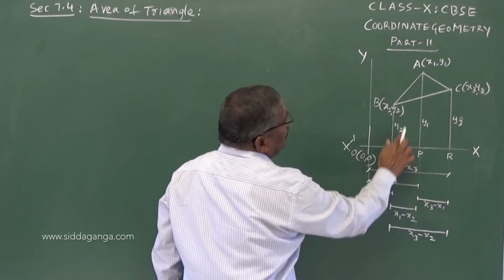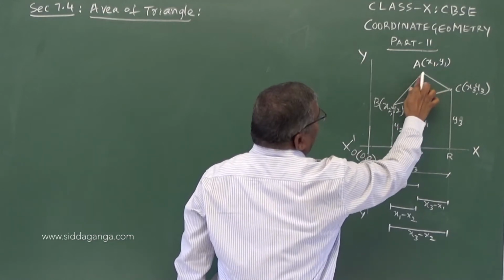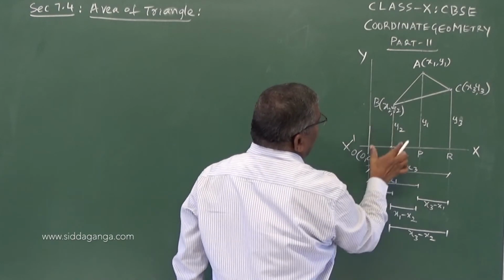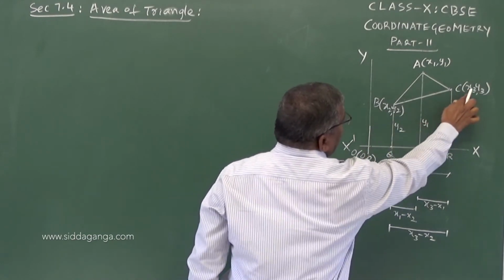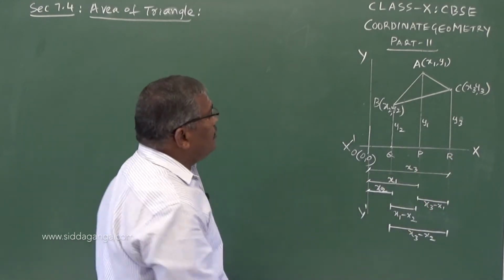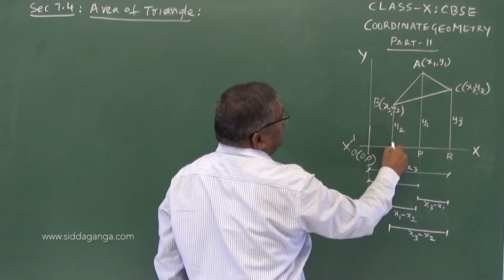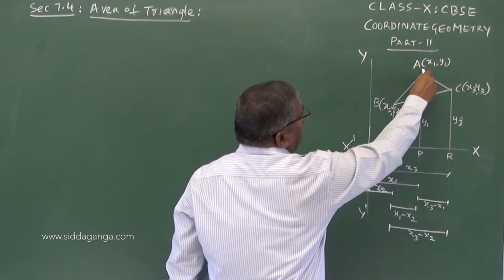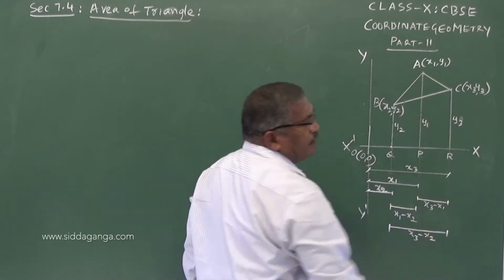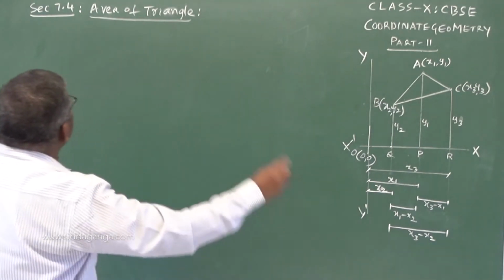OP is equal to x1. x2 is this distance, and x3 is this distance OR. So y2 is the ordinate of point B, y1 is the ordinate of point A, and y3 is the ordinate of point C. With this information we shall proceed.